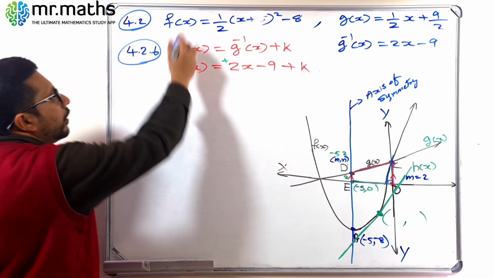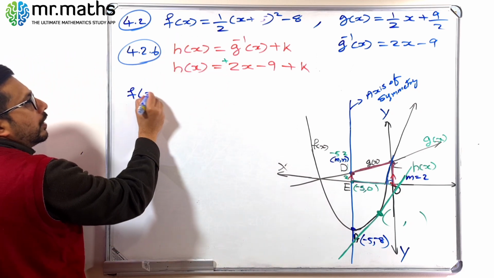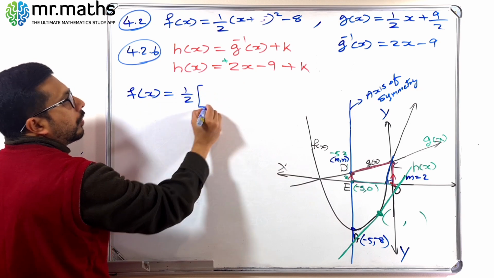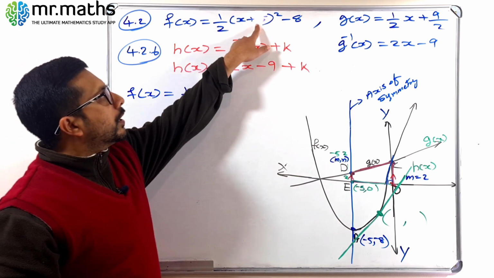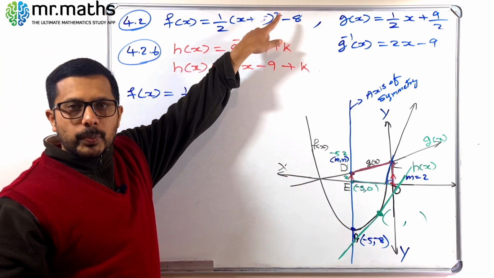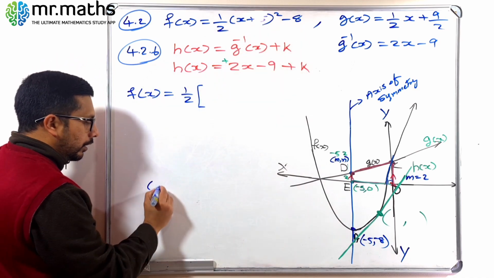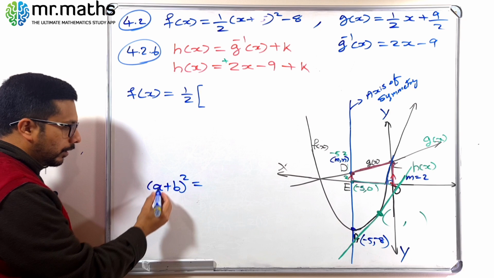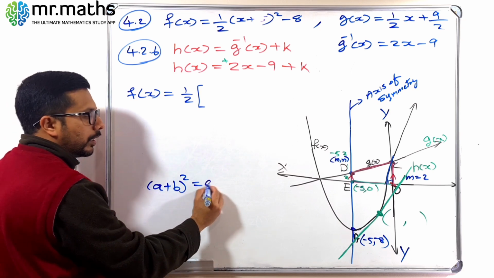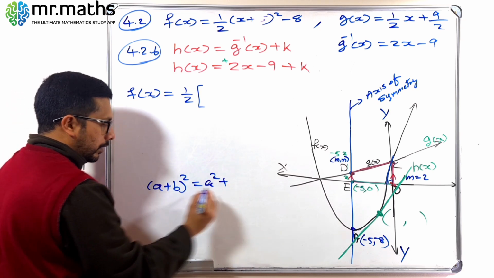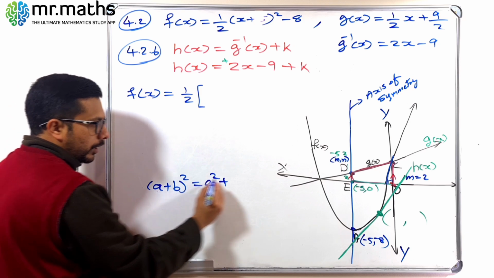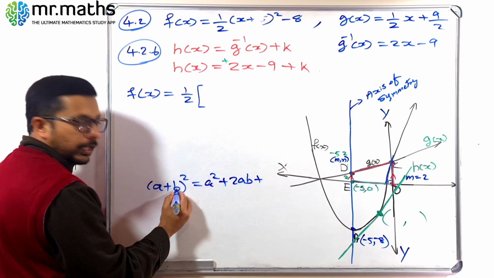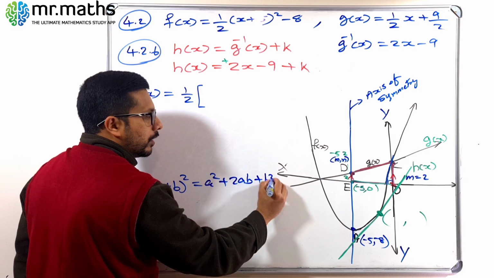So anyway, let's write that f of x. f of x is equal to half into x plus 5 the whole square. We have to expand that one. If it is a plus b the whole square, how do you expand? First term square, that is a square, plus 2 into first term into second term, plus second term square, that is b square.